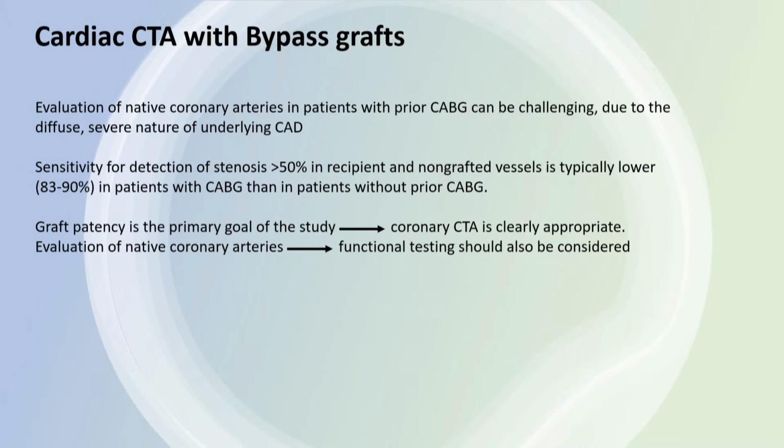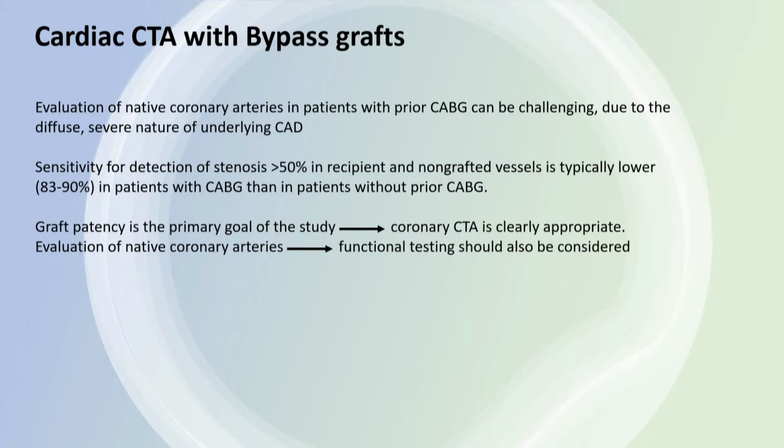So one thing to keep in mind, though, is that even though cardiac CT is excellent for evaluation of the grafts themselves, evaluation of native coronary arteries in these patients is quite challenging because they have a lot of atherosclerotic burden.